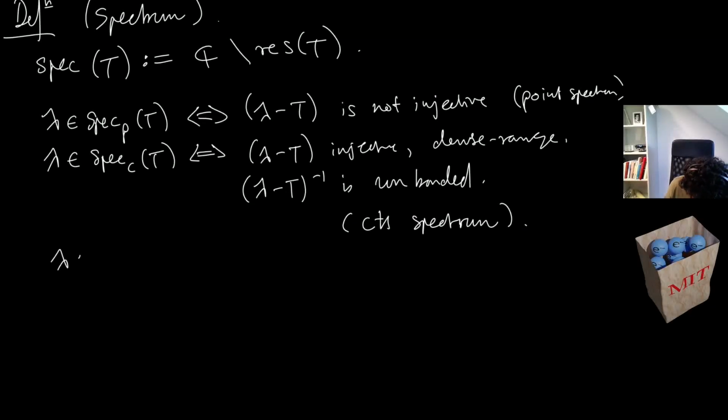Okay. The last part of the classification is the last thing that can happen. So this is little r, the residue spectrum.